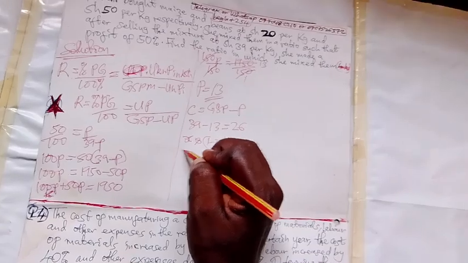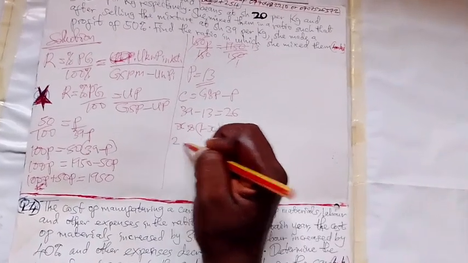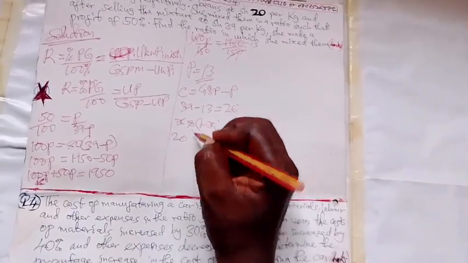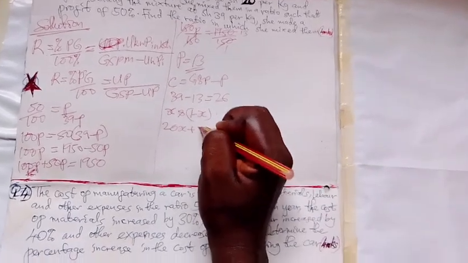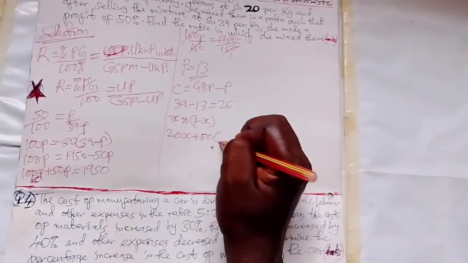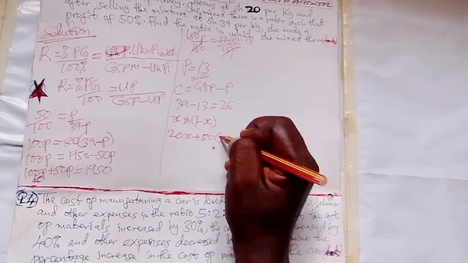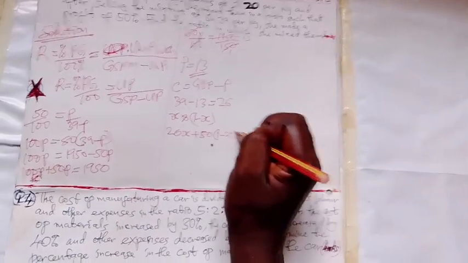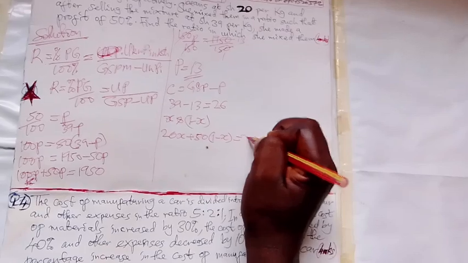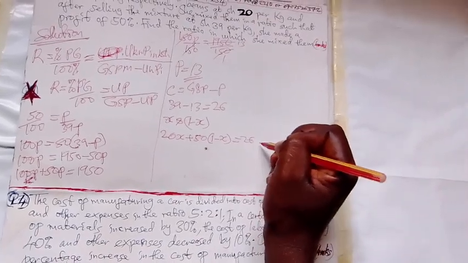Therefore we say 20x plus 50 into brackets 1 minus x is equal to 26, which is the cost.